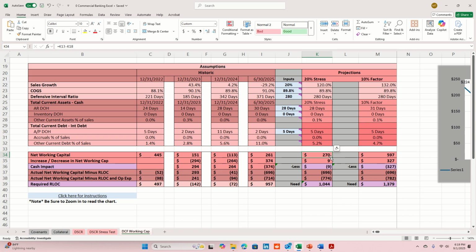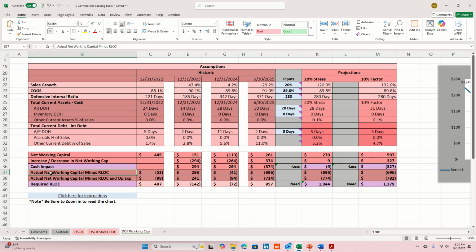And then we got 270,000, which is an increase from the most recent working capital, which means that we lost $9,000 worth of cash, as you see right here inside the purple. Look for the purple. Read the purple.